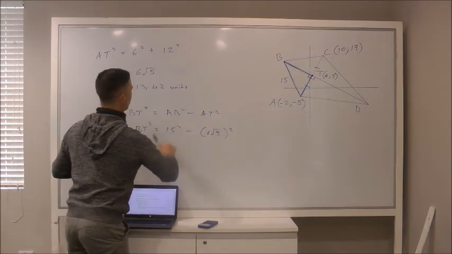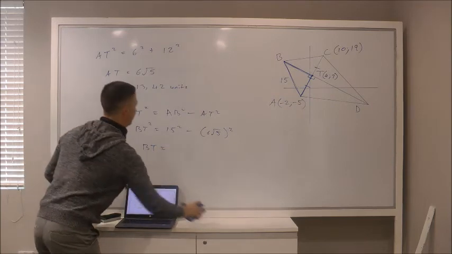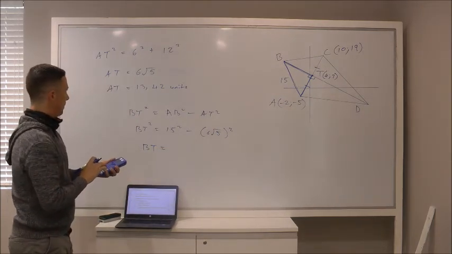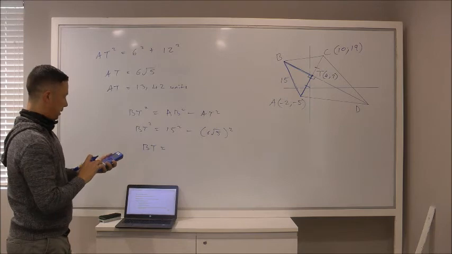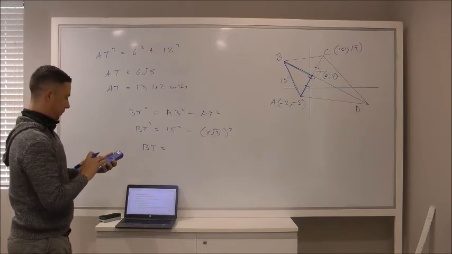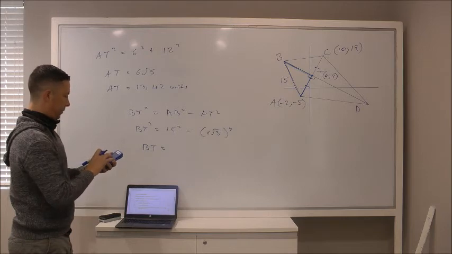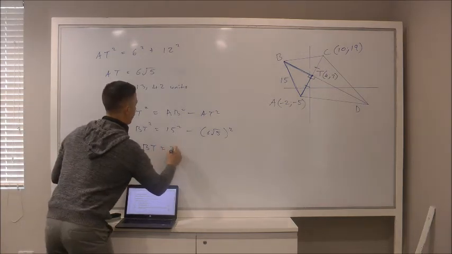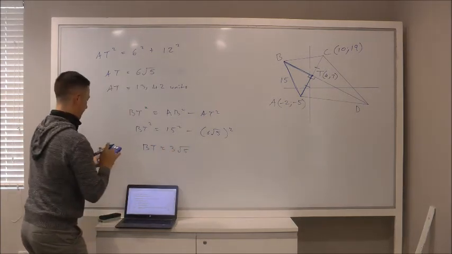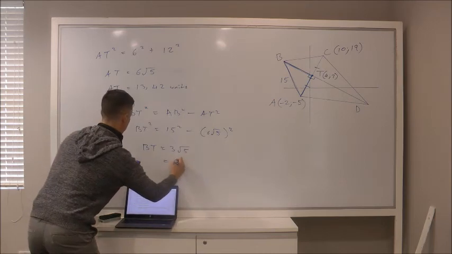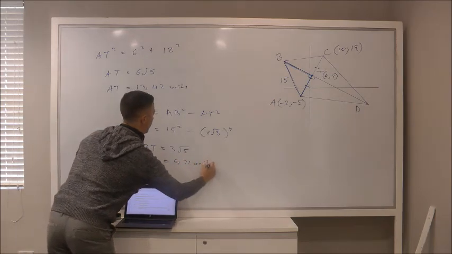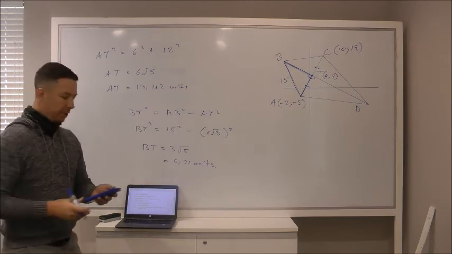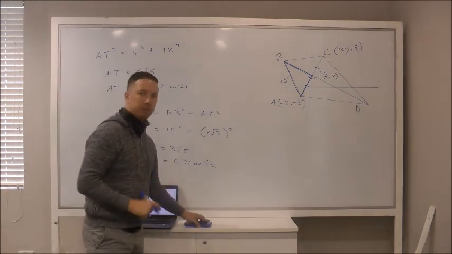Right, I'm going to work that out, square root everything to get BT alone. Right, again, don't take my word for it, please make sure you are doing this yourself.